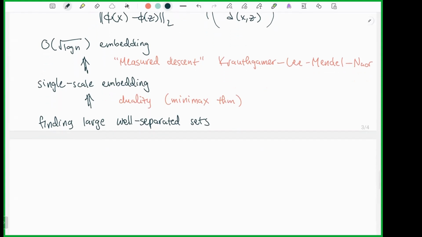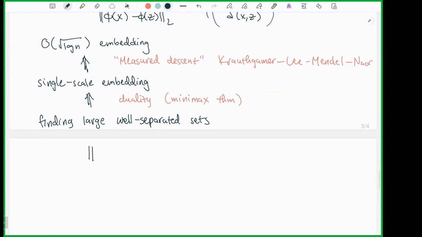And so we give some condition for how you find these well-separated subsets of your space, and this is through this notion that we introduced called, I guess we say, compatibility.